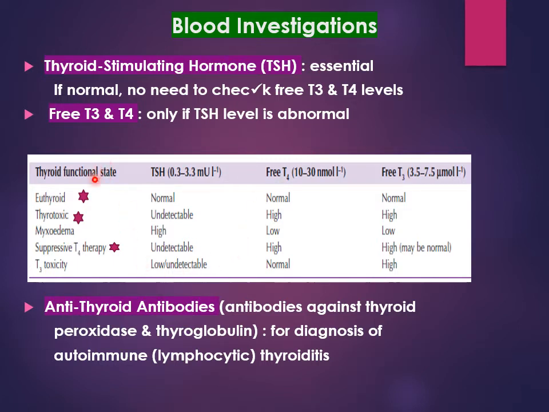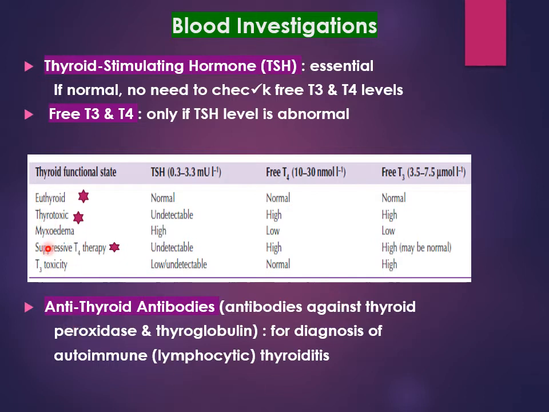This table here shows you the normal levels. Euthyroid normal: TSH normal, free T4 normal, free T3 normal. Thyrotoxic: TSH undetectable, whereas T4 and T3 are high, elevated.